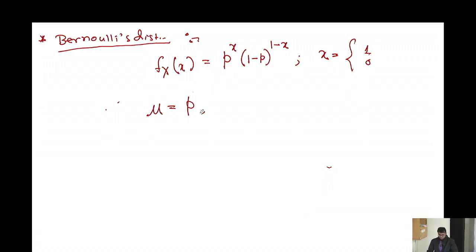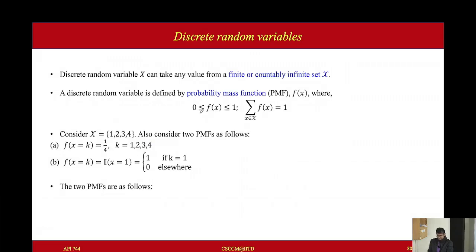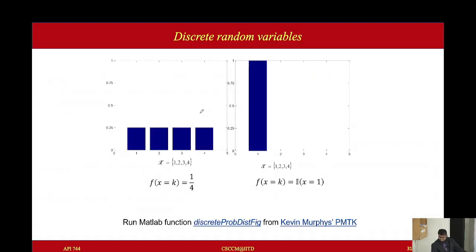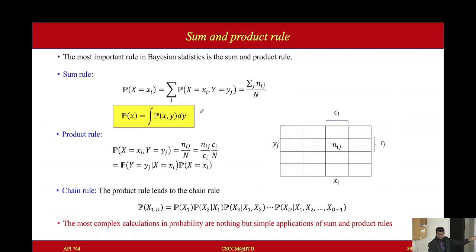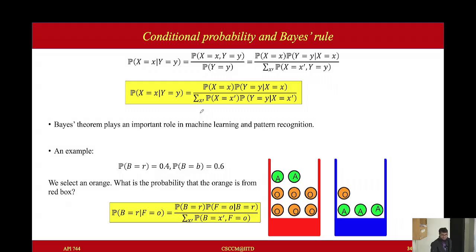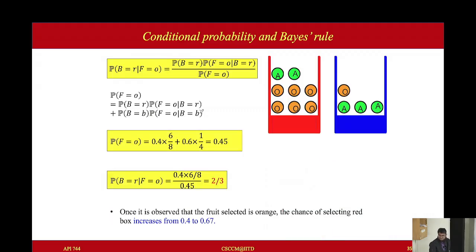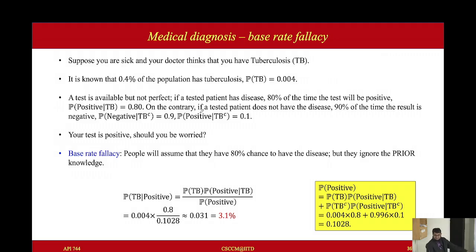Okay, so I'll show you the slides that are there at the end and then I'll stop. So I think I have 30, so let me go to 31. Yeah. So discrete random variable, we are talking about it. Example, joint probability, we talked about it. Sum and product rule. Conditional probability, Bayes rule. This is a very nice example to study it. It's very interesting.